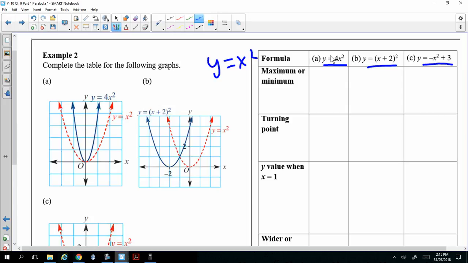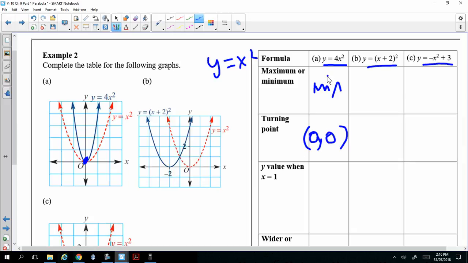Y equal to 4x squared, which is drawn over here. Does it have maximum or minimum? It has a minimum. We'll just write MIN for short. Turning point. What's the turning point? Turning point is here, which is 0, 0. Origin. Find the y value when x equal to 1. So you substitute 1 into x.